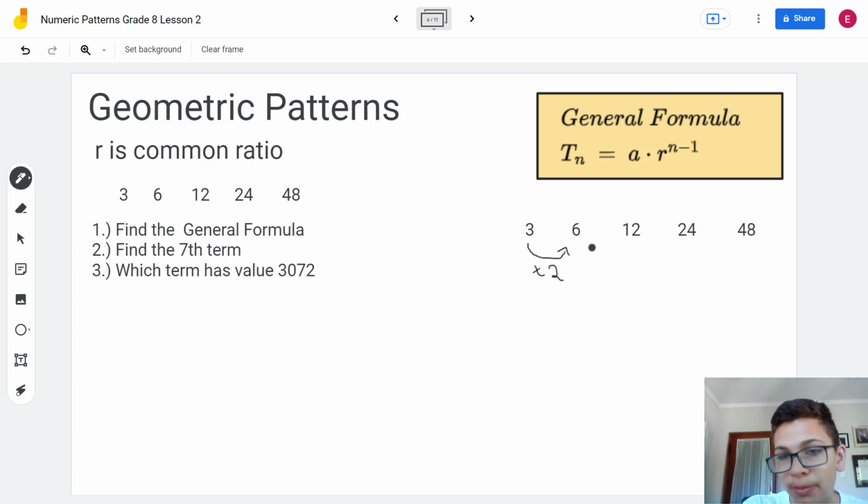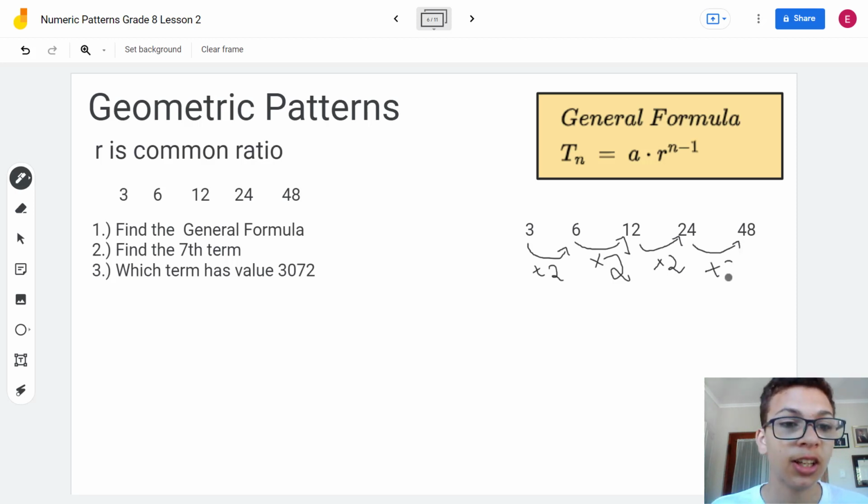Again, we multiply by 2. The third to the fourth term, multiply by 2. And the fourth to the fifth term, multiply by 2. As you can see, we keep on multiplying by 2 between two adjacent terms. And that's going to be the common ratio. Common means equal. So the ratio between two adjacent terms is always equal.